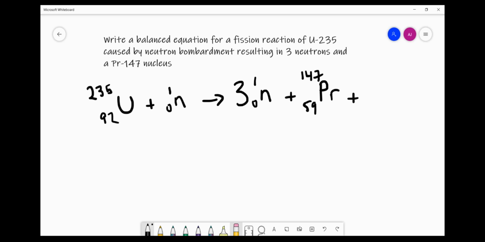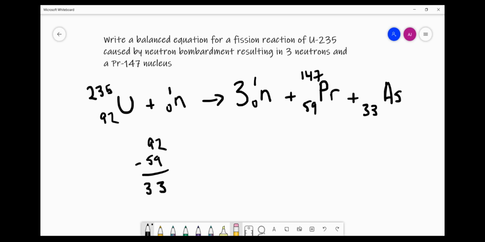So on the left-hand side, we have 92. On the right-hand side, for atomic numbers, we have 59. So those need to be balanced, or conserved is another way of saying that. So here we would have element number 33. Go to the periodic table, and we see that is arsenic.